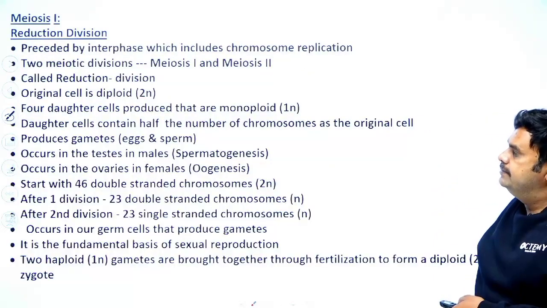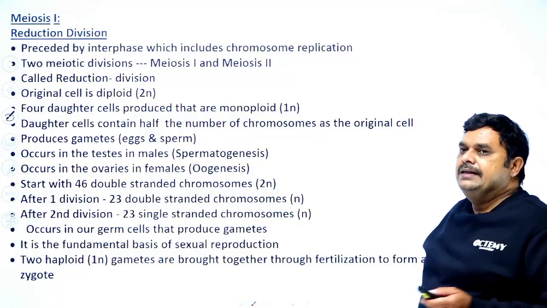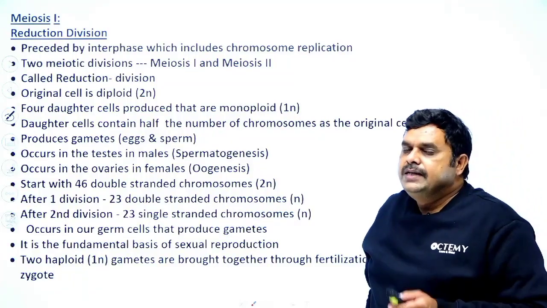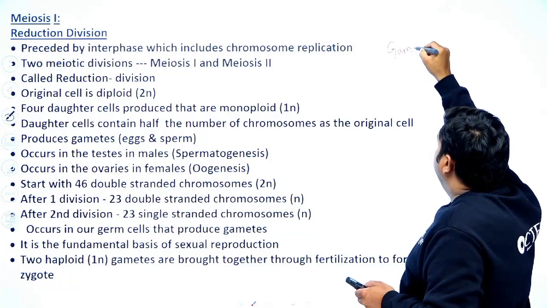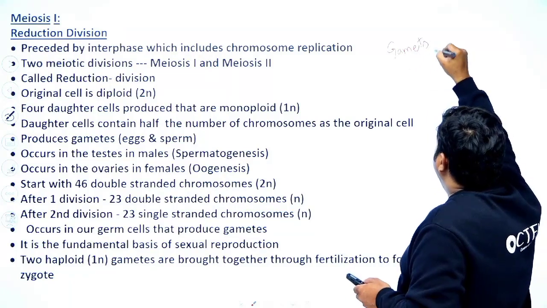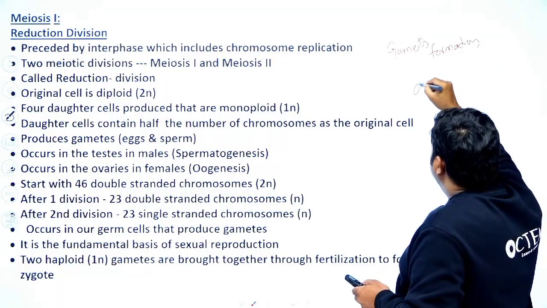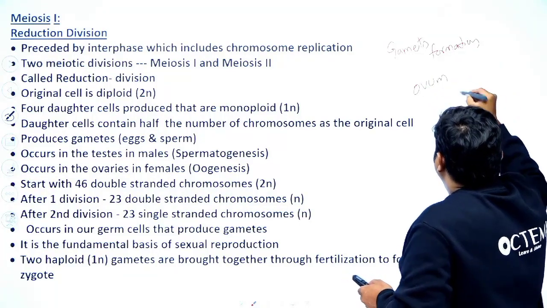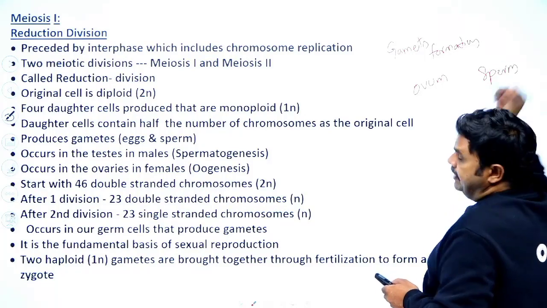Then meiosis. I already told you that meiosis occurs in the reproductive cells only, during gamete formation. For example, ovum cells and sperm cells, male gametes and female gametes.